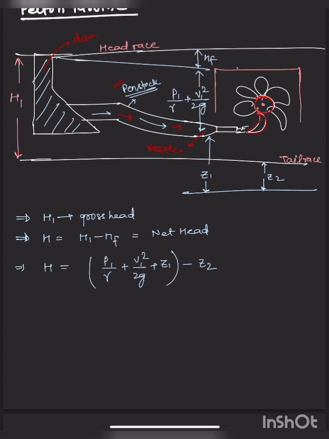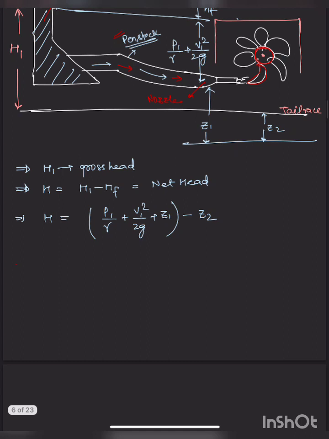After the end of the penstock, there is a nozzle which converts the head of the water into the kinetic energy of the jet. After the jet impinges on the semi-ellipsoid cup of the Pelton wheel, transfer of momentum takes place.